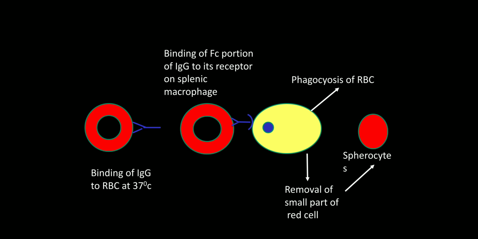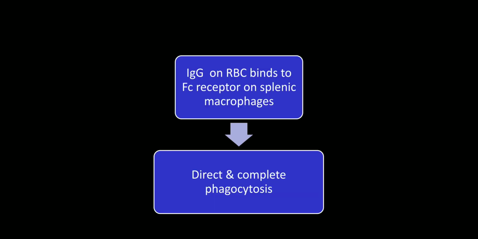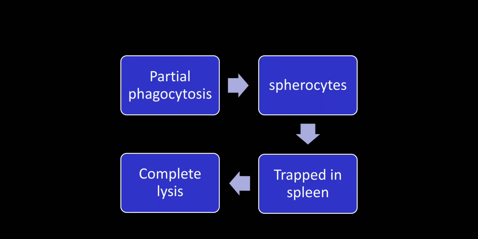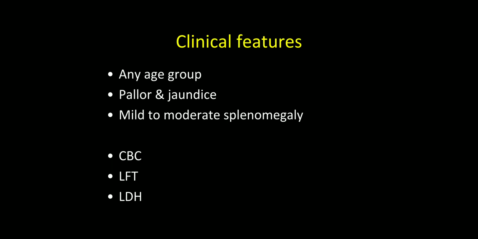Spherocyte you have seen: it is a smaller RBC without central pallor and with dark hemoglobin. This is what I told you: IgG on RBC binds to the Fc receptors with direct and complete phagocytosis. If it is partial phagocytosis, that results in spherocytes, and later it can undergo complete lysis also.